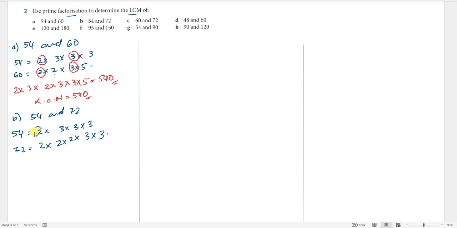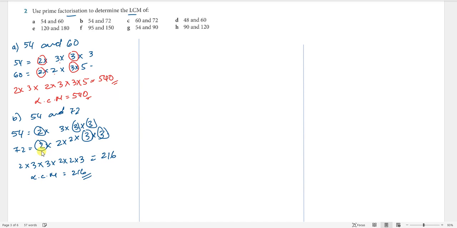So let's find the common factors. These two are common, this 3 is common, this 3 is common. So we write the common ones first. 2 times 3 times 3 times 2 times 2 times 3 is equals to 216. LCM is equals to 216.